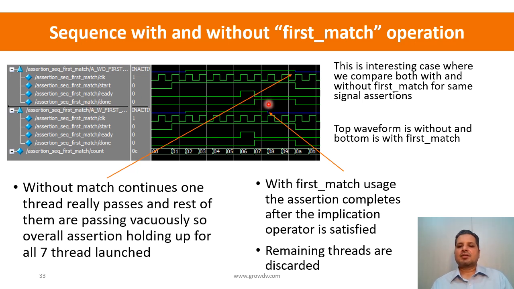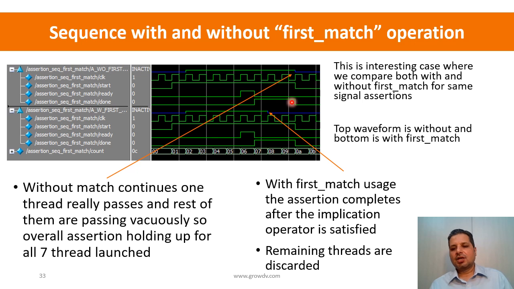But as soon as done comes, with the first match the property is satisfied and it has completed. Whereas for the case where we are not using the first match, it still continues. Only after all the 7 threads have completed does the property complete, and these remaining threads are extra simulation resources.